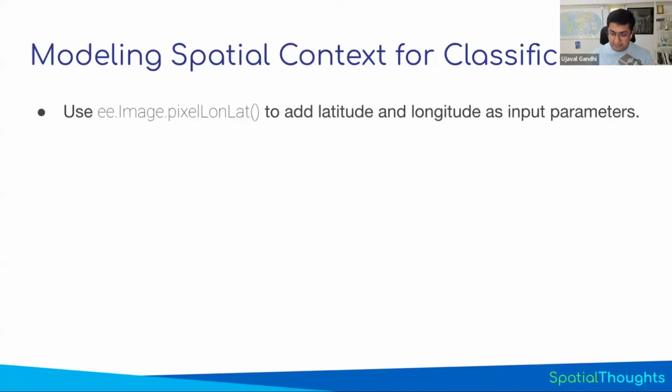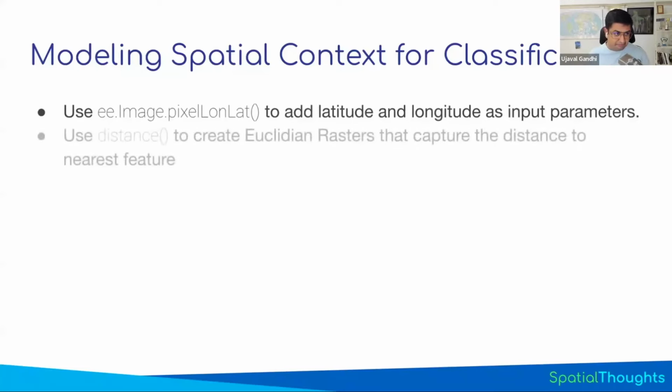So when you sample that point, it says, here are the reflectance, here is the latitude, longitude, and here is your output class. And now the model can learn from lat and long if there's information to learn from. If it doesn't matter, the model will say it's not important, it doesn't help me predict the class better, it'll just ignore that. But it'll help you capture that coordinates if it's important.